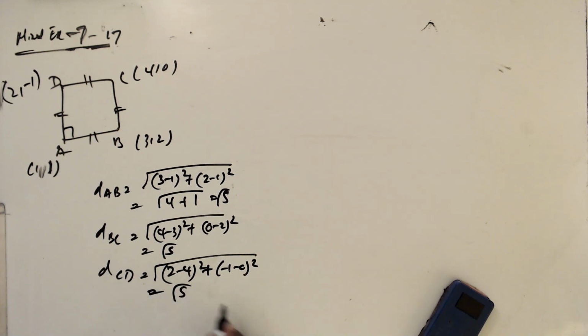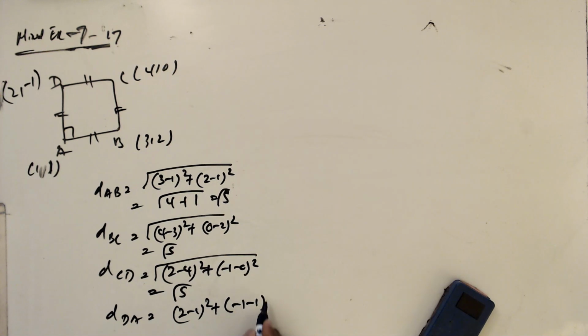This is also square root 5. And the distance DA equals the square root of (2 minus 1) squared plus (minus 1 minus 1) squared. This is also square root 5.